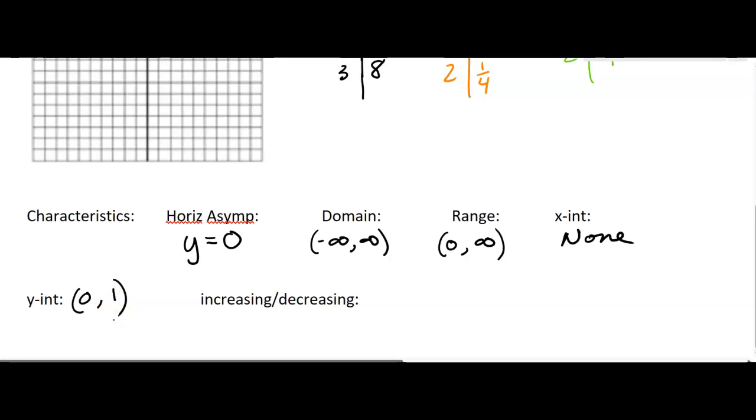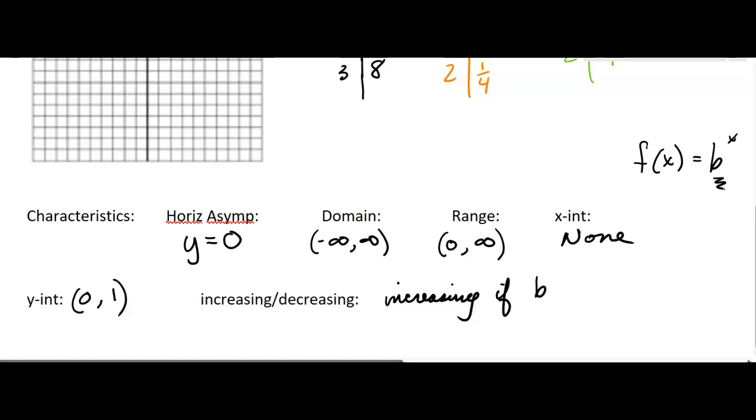Now, increasing or decreasing? Well, it's an increasing function if b. Now, I'm talking about f of x. That's not what I wanted to write. We're talking about the form f of x equals b to the x, where we have some base here, okay?